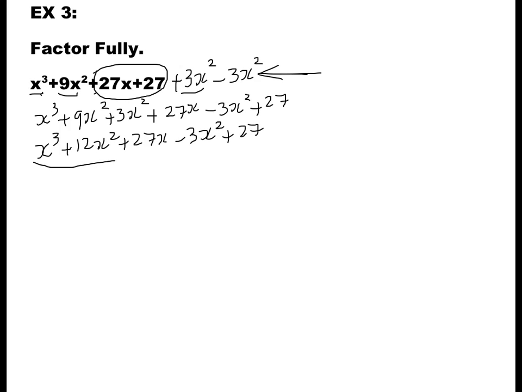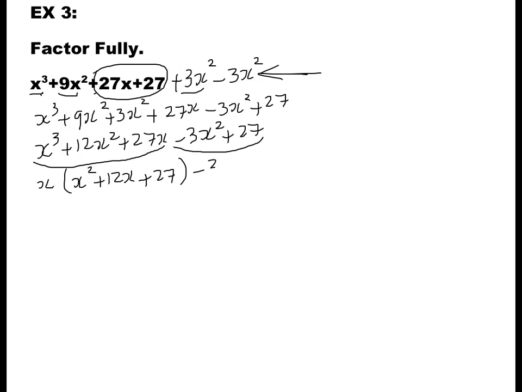Now take these three terms together and these two terms together. The common factor between these three terms is x, so I'm going to get x times x squared plus 12x plus 27. And between the last two terms, I'm going to factor out negative 3.